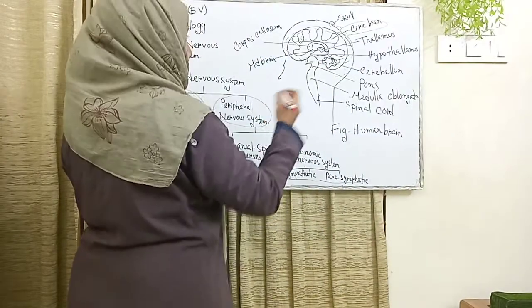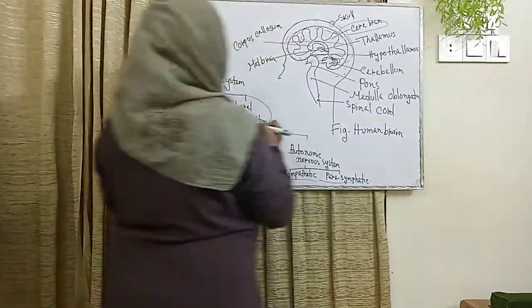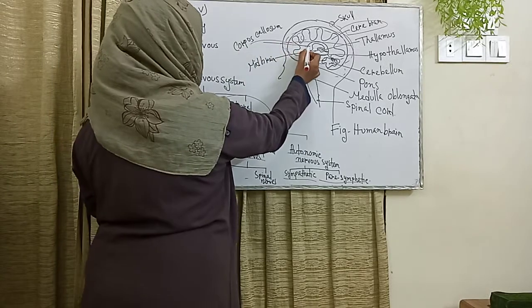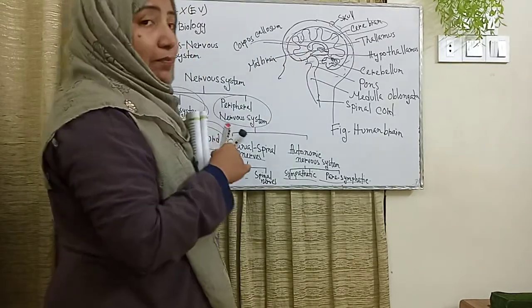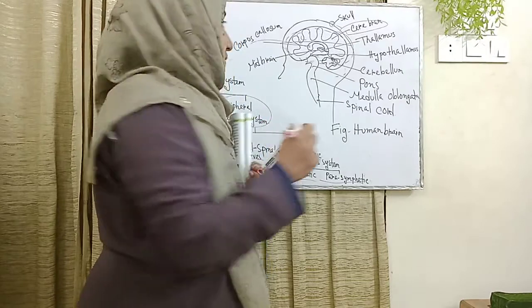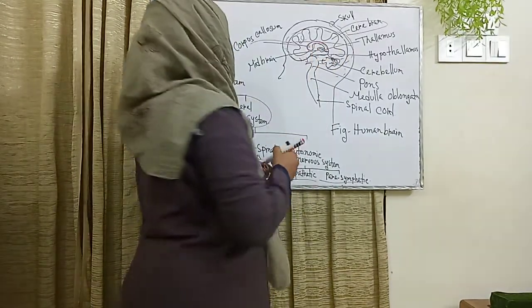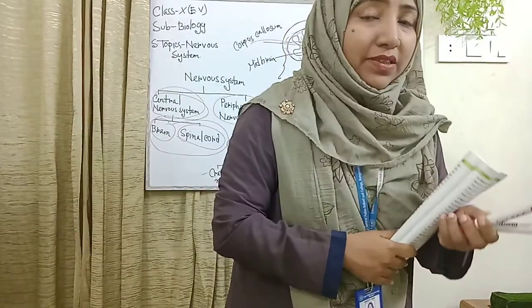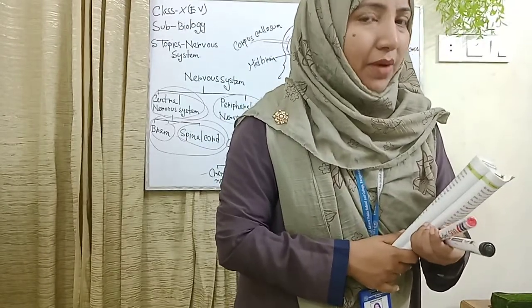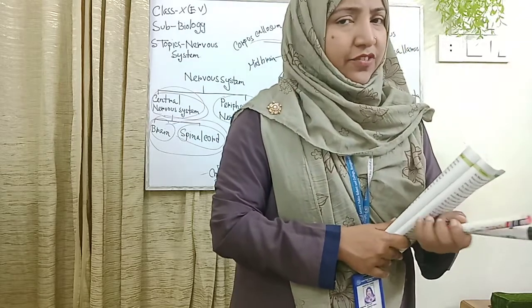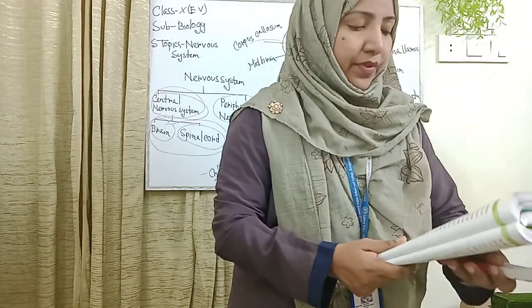Here, please everyone see, this structure is the Corpus Callosum. It is a bunch of nerve fibers. I just drew this structure.